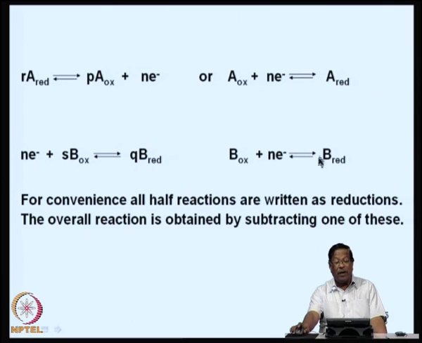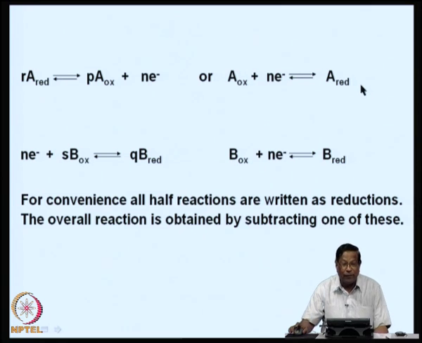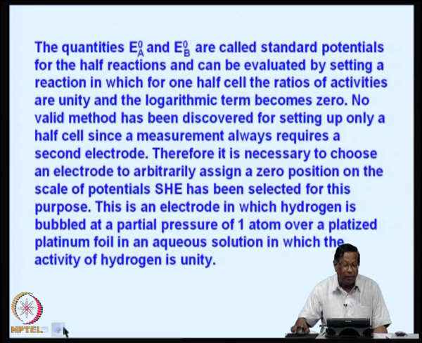That means we have algebraically changed this equation to write the oxidant and electrons on the left and the reductant on the right side of the equation. This we can do for any of the half cell reactions. So, for convenience all the half cells are written as reductions, in this format. The overall reaction is obtained by subtracting the smaller one from the bigger one.